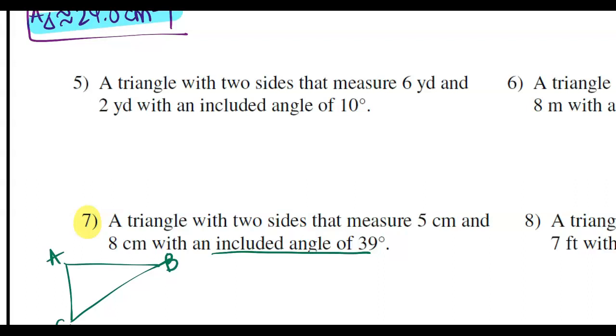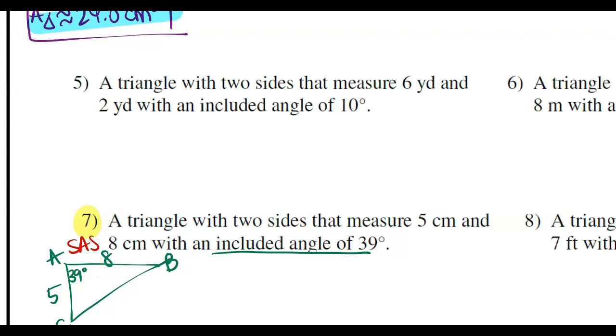You don't have to do this, but I do have a side that's going to be 5 centimeters, an included angle, which is going to be 39 degrees, and another side that's going to be 8. It doesn't matter where you put it, but you want to make sure that this is going to be a side angle side. Both sides need to have an included angle. So from this side to this side, it needs to be included.